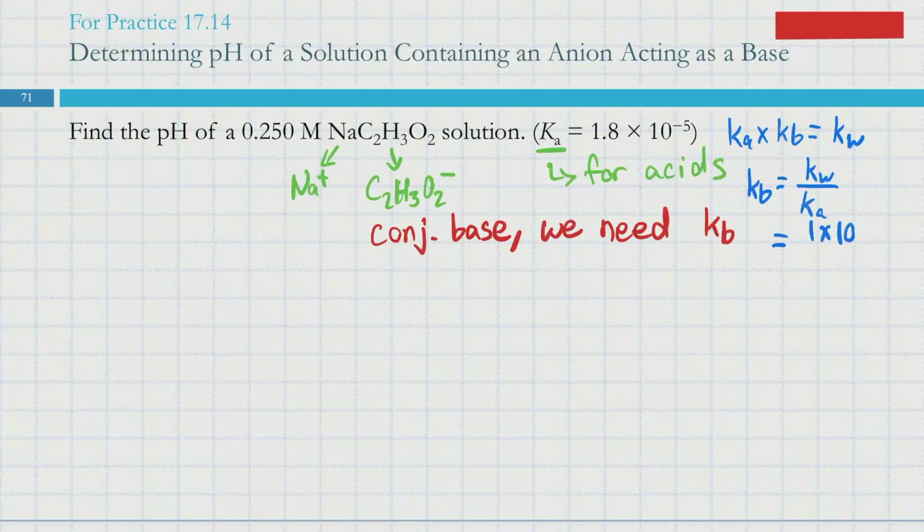So 1 times 10 to the minus 14 over 1.8 times 10 to the minus 5. Kb equals 5.5 repeating times 10 to the minus 10.